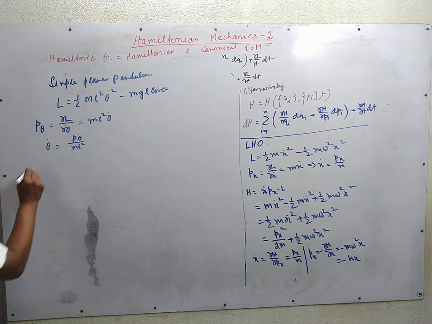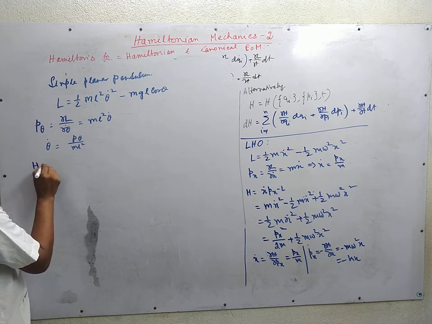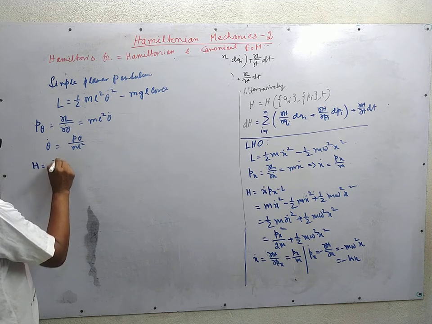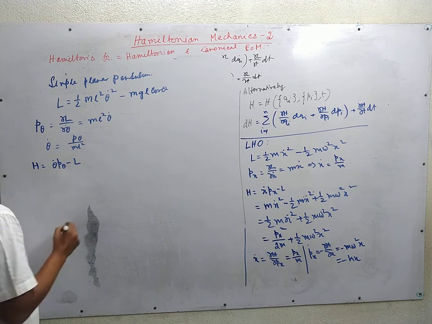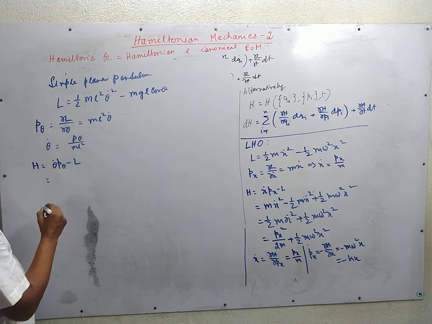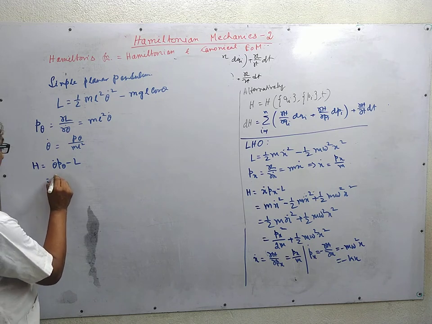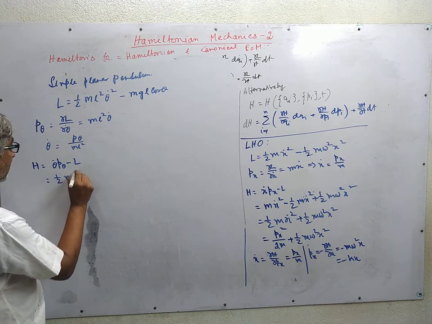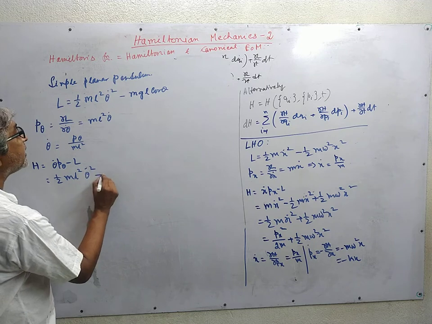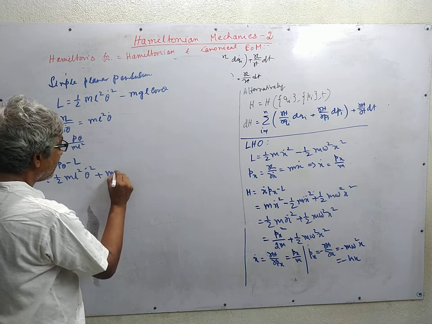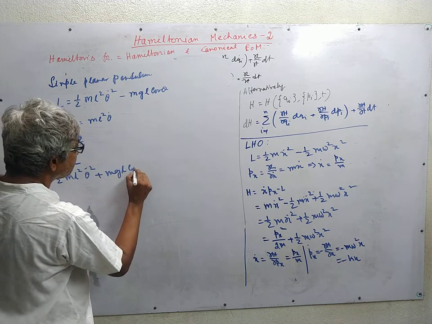Now the Hamiltonian is theta dot p theta minus L. So this becomes half ml square theta dot square plus mgl cos theta.